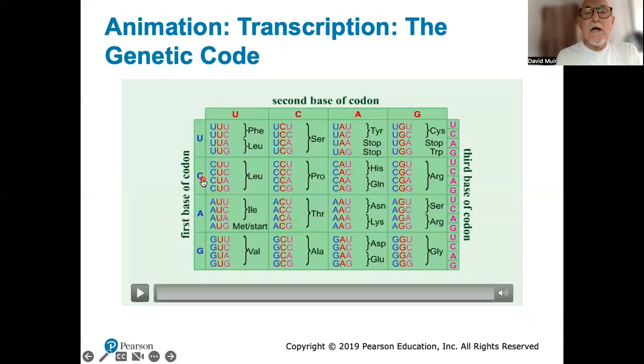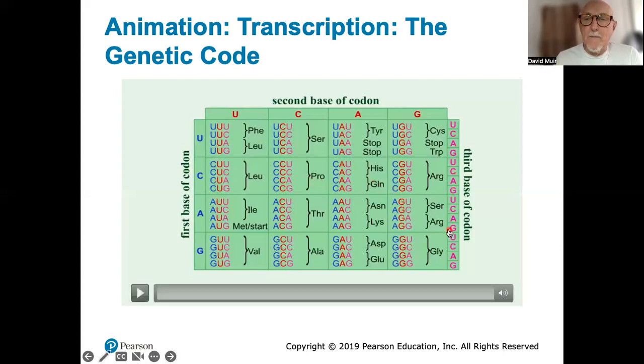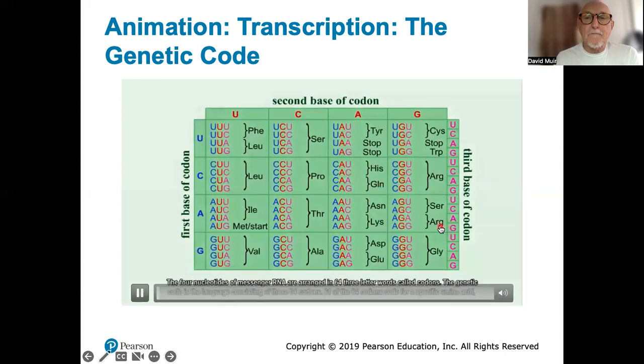So we've got C, so it has to be in this row here. The second one was A, so it has to be here. You can probably spot it already, but nonetheless, here's the third base. And we go third here, CAG, and that's for an amino acid called glycine. That's the way it works. It's really quite simple.